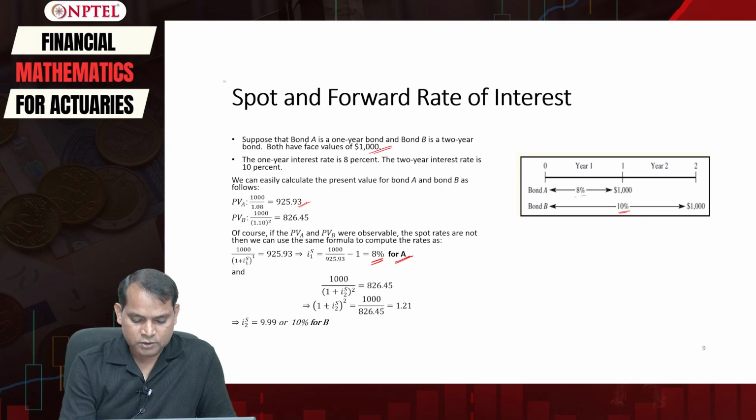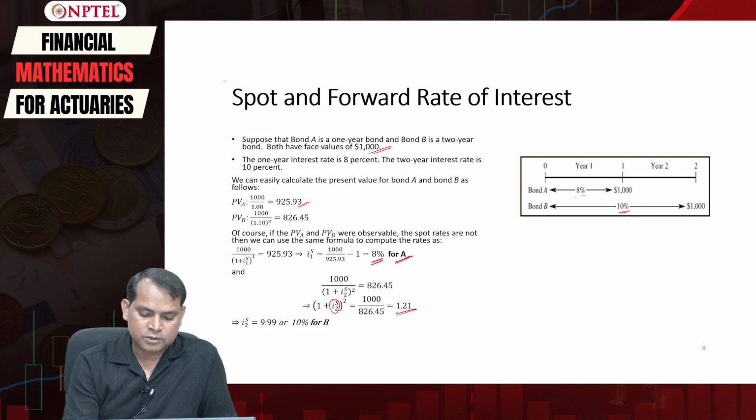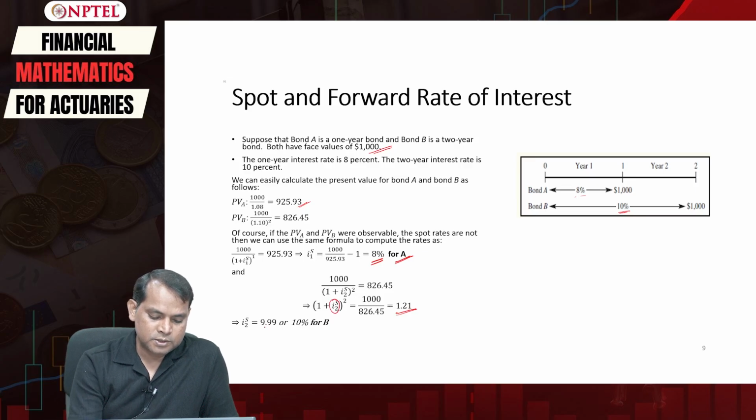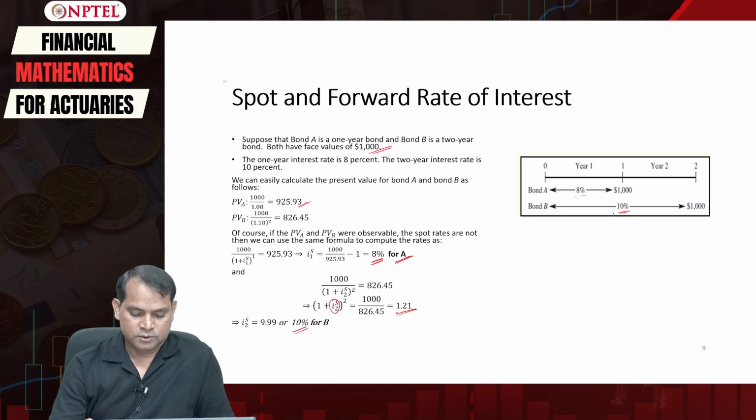Then we simply compute it: 1 plus I2S squared is equal to 1000 divided by 826.45, which will be equal to 1.21, and then you can easily compute I2S, which can be computed as 9.99 or 10%.